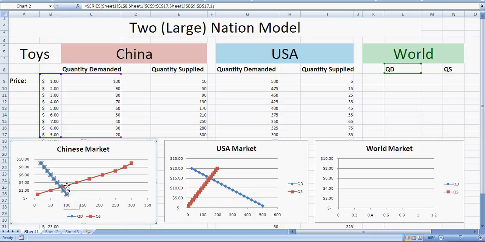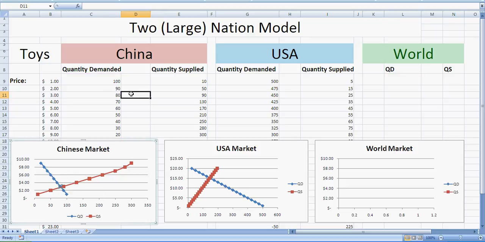So then we see that the equilibrium price in the Chinese market is somewhere in between $2 and $4. It looks like right about $3 if there was no trade.